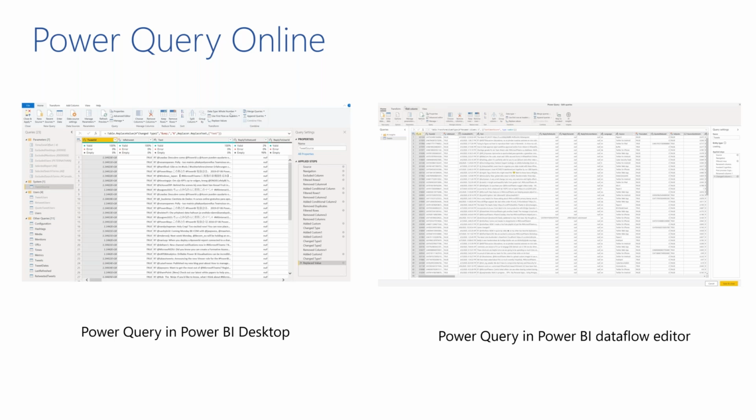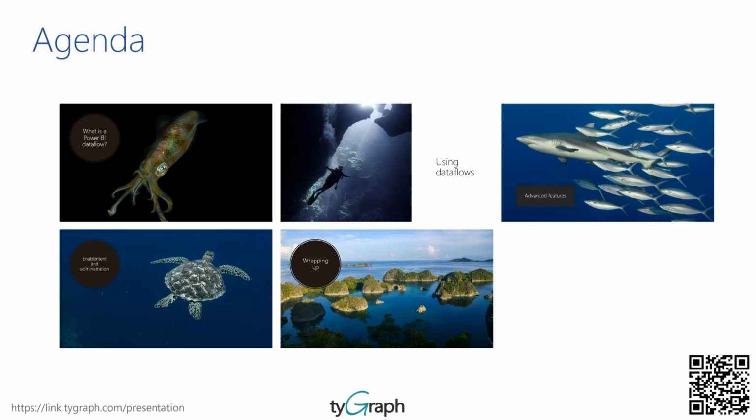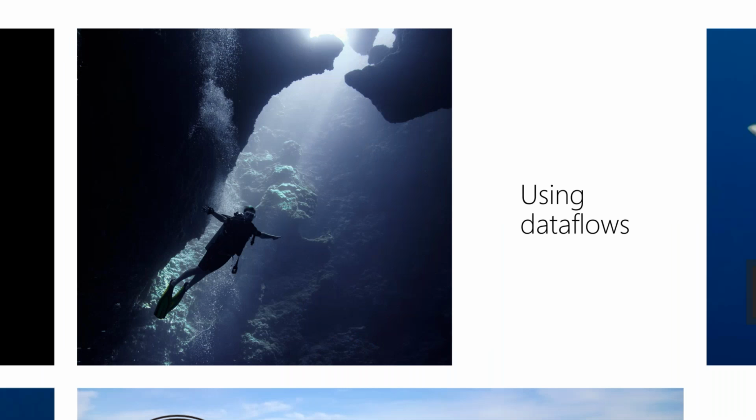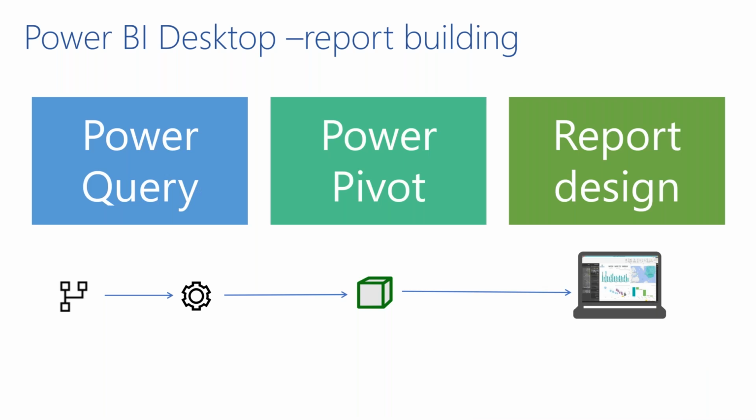So now we've talked about what a data flow is. Let's talk about how we use a data flow, how we put it actually into use. We looked at how we build a report with Power BI Desktop before. This slide is almost identical to the basic standard report building procedure with Power BI Desktop, with one minor exception. Our data source now is the data flow itself.